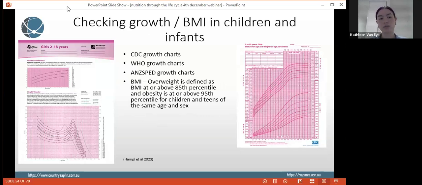If we're looking at overweight or obesity, the BMI for a child who's overweight would be at or above the 85th percentile, and obesity would be at or above the 95th percentile for children of the same age and sex.